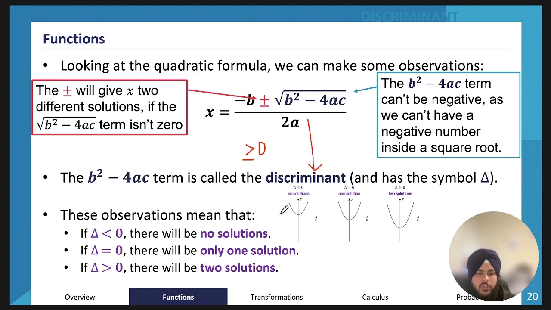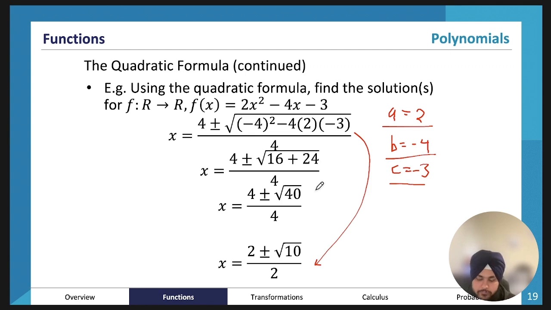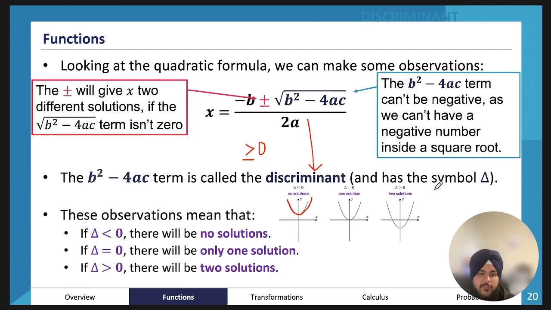So if we have no solution, the graph might be completely above the x-axis. For something like, let's say, x squared plus 2. That is completely above the x-axis or completely below the axis. It will never even cross the x-axis. So therefore, there will be 0 solutions or no solutions.